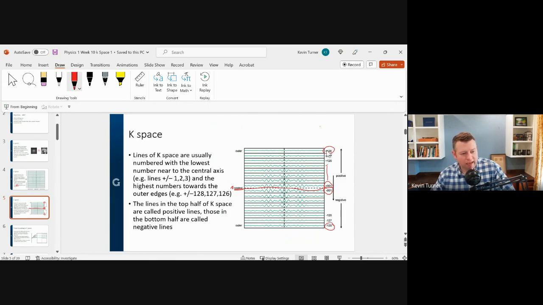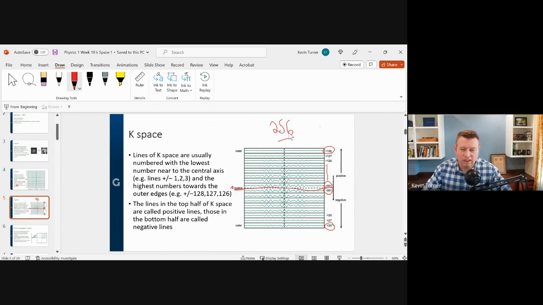This K-space has 128 positive echoes and 128 negative echoes. That means the total amount of echoes it has is 256, because 128 plus 128 is 256. This would be a sequence run with a phase matrix of 256.